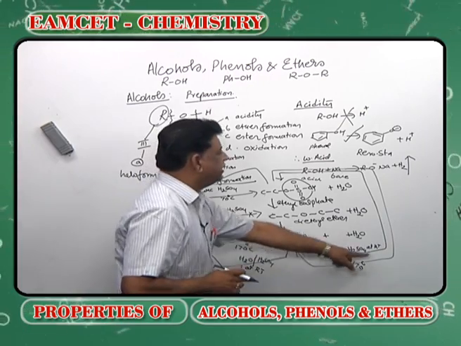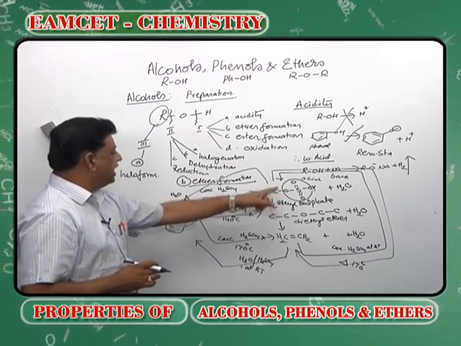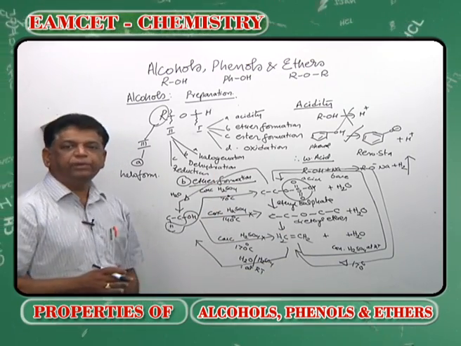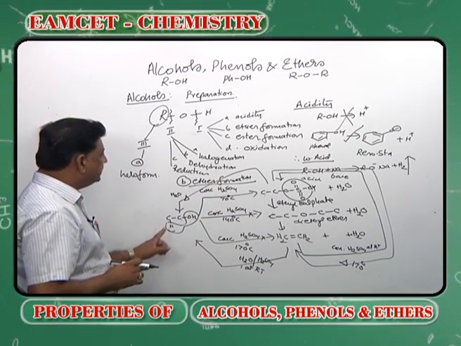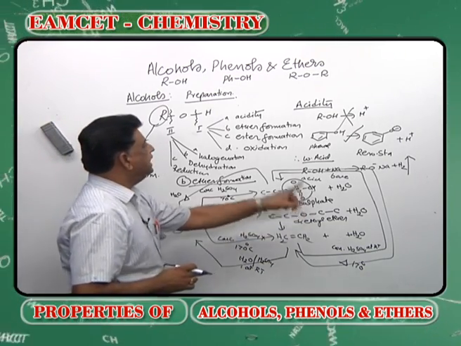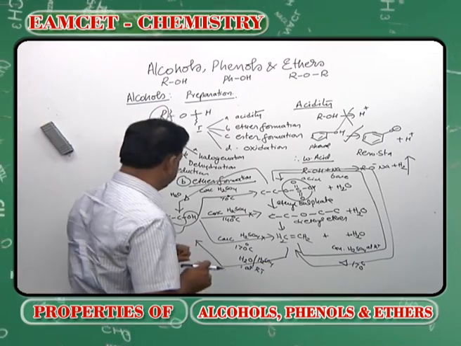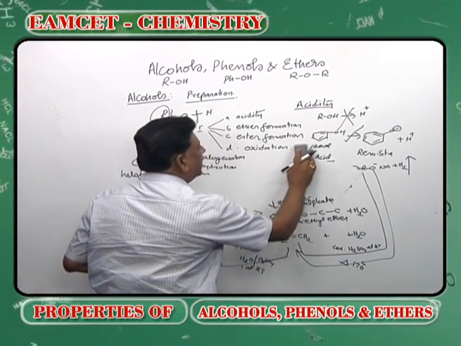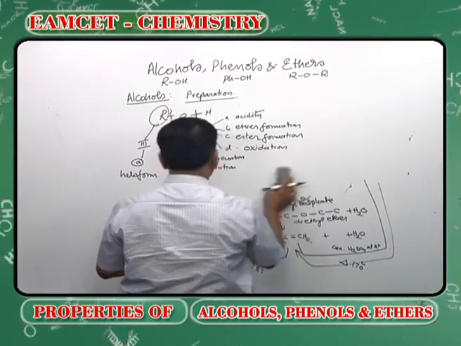With sulfuric acid at room temperature you get ethyl hydrogen sulfate, add water at room temperature, you get ethanol, and so on. They are all interconvertible reactions. The main reaction we are studying is ethanol at 140 degrees giving diethyl ether. This is called ether formation. Right. Now let us go to another property, called ester formation.